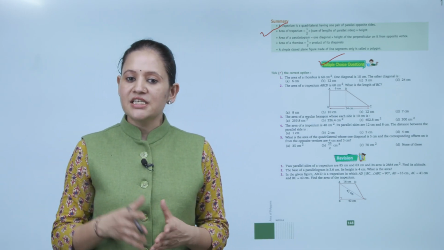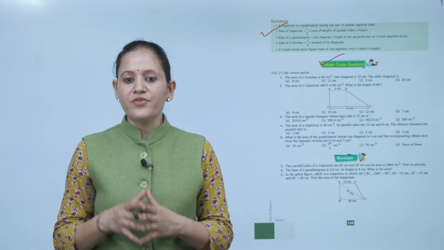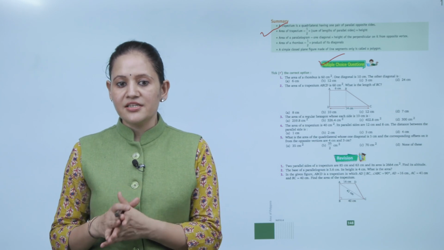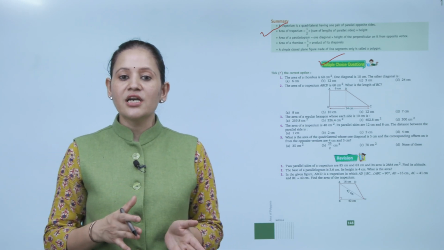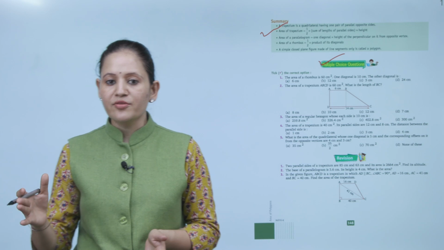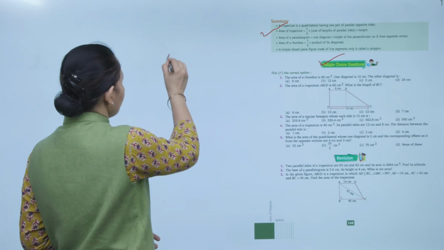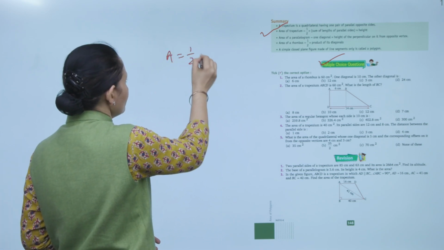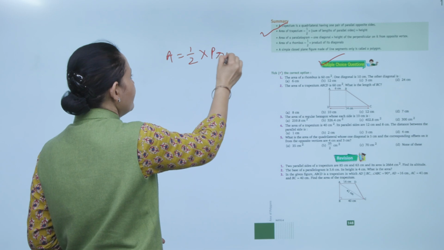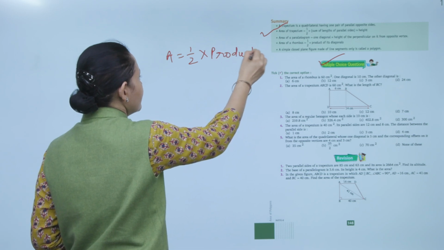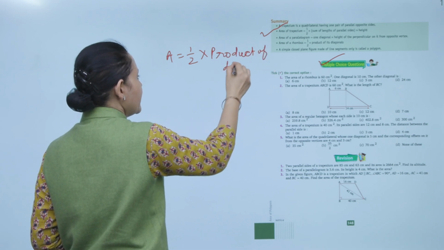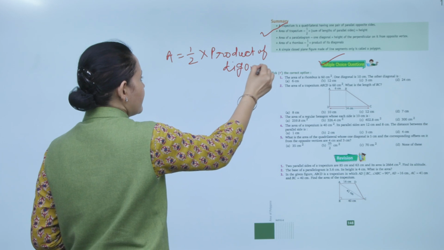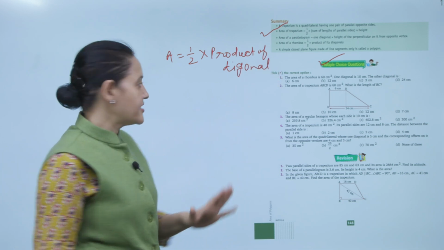The area of a rhombus is 60 centimeter square. One of its diagonals is 10 centimeter. Find the other diagonal. The area of a rhombus is 1 by 2 multiplied by the product of its diagonals. Suppose the diagonal we have to find is x.